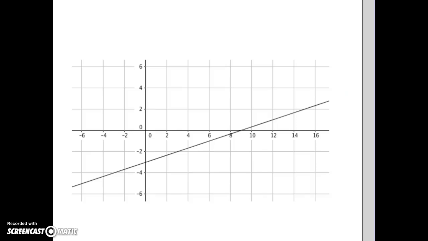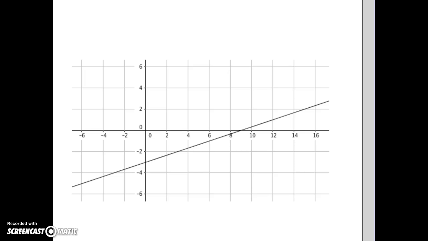Here's a line more like what we're used to seeing. We do have a diagonal line, so we will be able to find a slope. And we also have a y-intercept, so we should be able to identify a slope and a y-intercept to write the equation for this line.